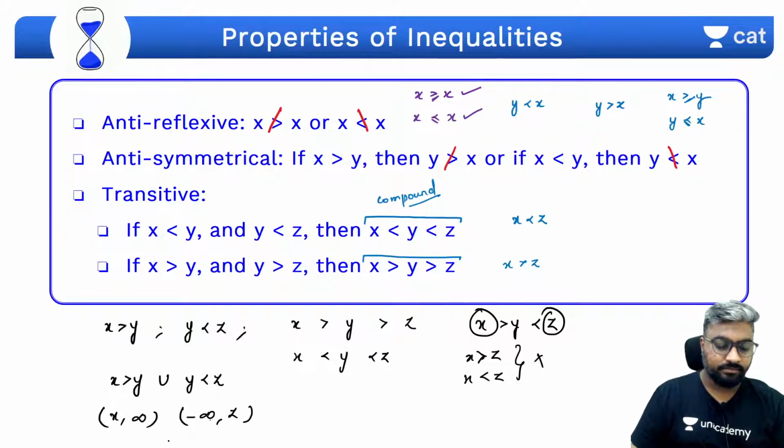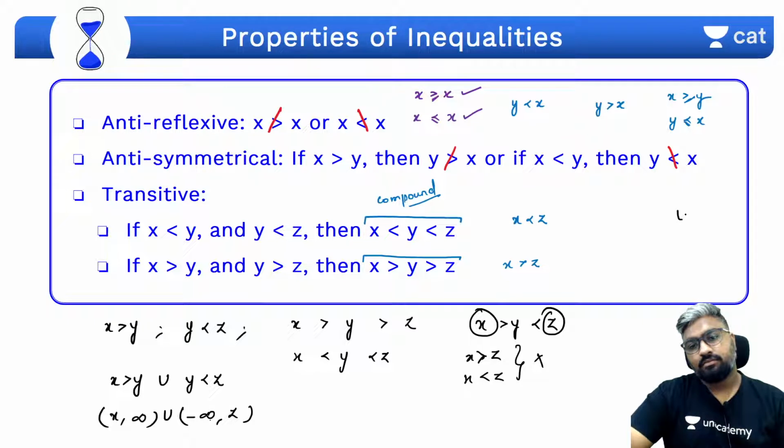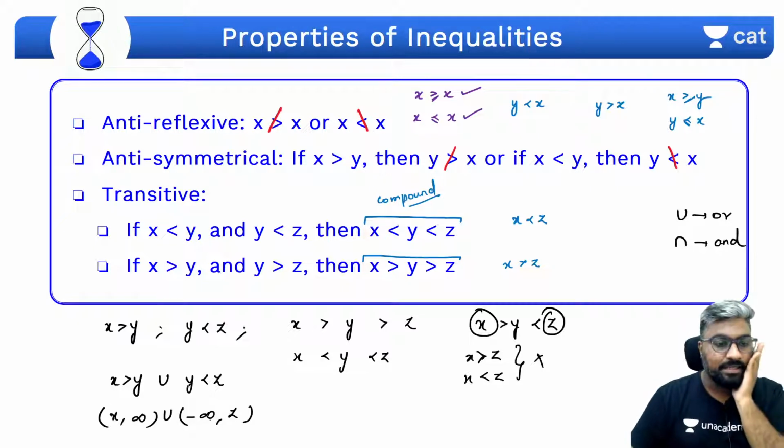Yes everyone? So here we use the term union. Okay Ritvik, union is or, intersection is and. So here in the intersection there will be nothing. Yes, that is why union.